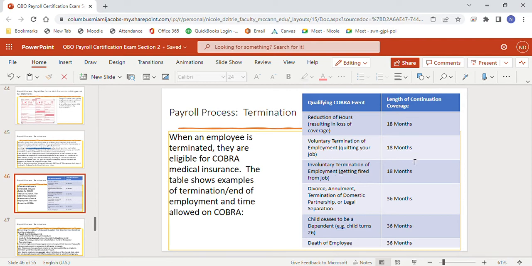All other ones, like if you were divorced or you're a child, most medical insurance will allow you to have it until your children turn 25. As soon as that child turns 26, they're allocated 36 months of COBRA. Or the death of an employee: their spouse or children that are on the plan have 36 months.